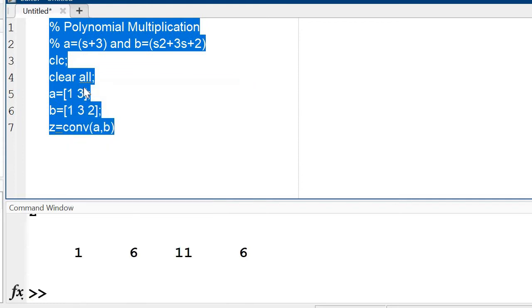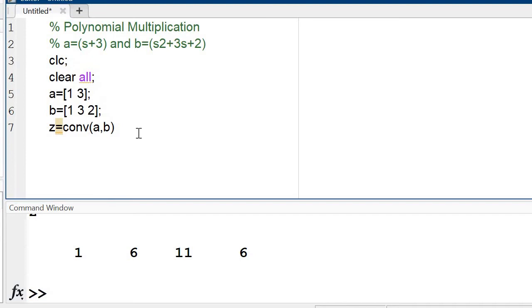Then after that, select this part and evaluate. Now the answer is 1 6 11 6. It means our z is s cube plus 6s square plus 11s plus 6.